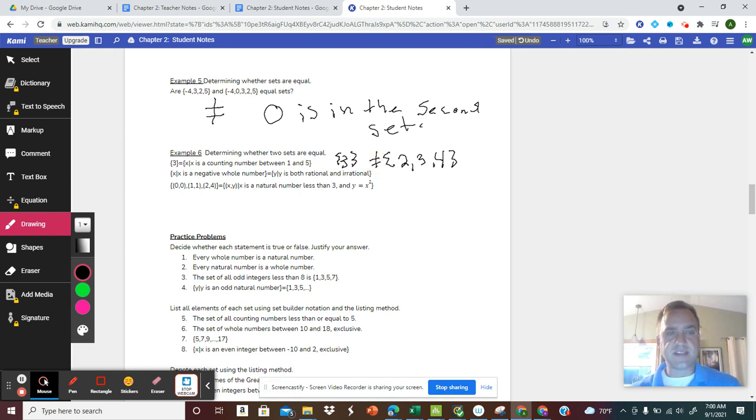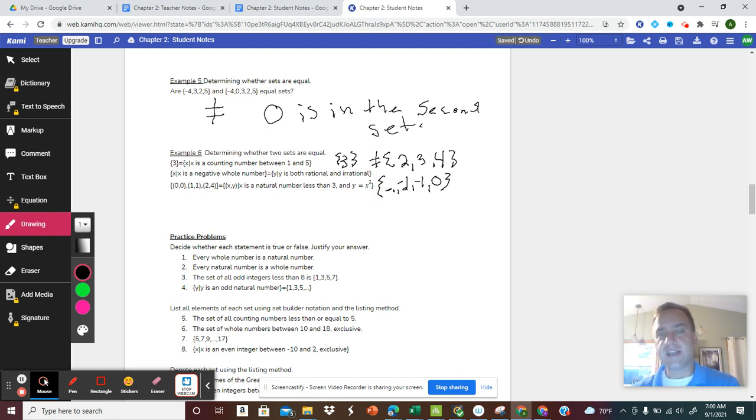For the second one, {x such that x is a negative whole number} and {y such that y is both rational and irrational}. If we have a negative whole number, that gives us the set containing, well, the opposite of 0 would be 0, and then negative 1 and negative 2, and then I can put an ellipsis because that would go on forever.